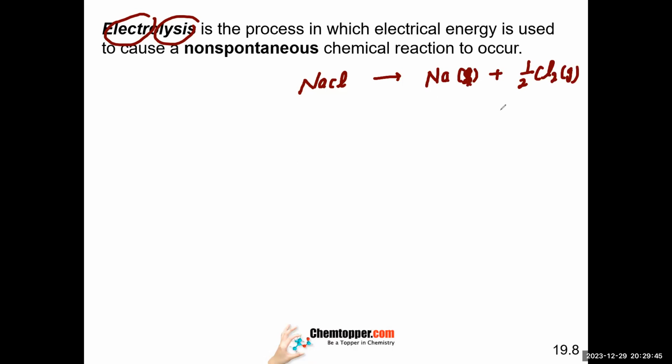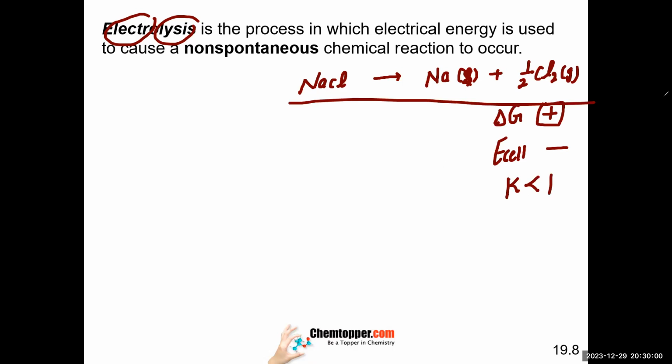This reaction, delta G is positive. E cell is negative. K is very much less than 1. The reaction is totally non-spontaneous, a very non-spontaneous reaction. But we are using this reaction to get the chlorine gas.